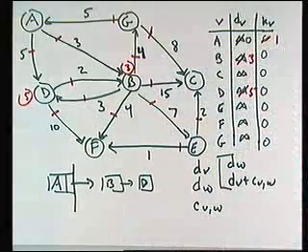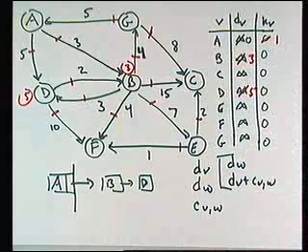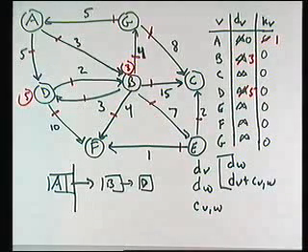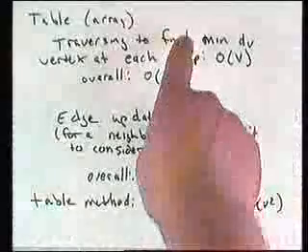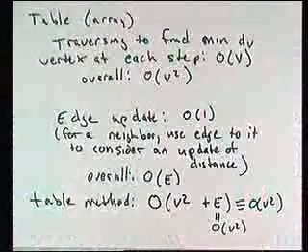Search all 7 vertices, confirm which one's the minimum, and then use that. Next step, search all remaining 6 vertices, confirm which one's the minimum, use that, and so on. Next step, search the whole table, but consider the 5 vertices that still have k equals 0, and pick the minimum distance of those, and so on. What if instead we used a setup that was specifically designed to give us the minimum at each step?